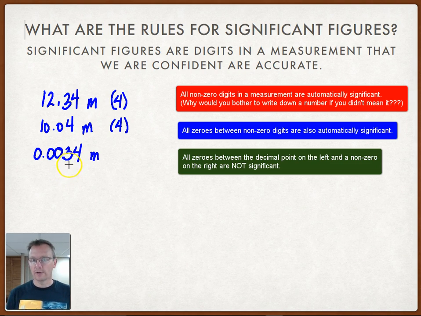You know that the metric system is made up of units that can be scaled up and down, right? You can have meters for length, or you could have centimeters, or millimeters, or decimeters, or kilometers. You could have all these different sizes of length measurements, and they all have to have the exact same number of significant figures.